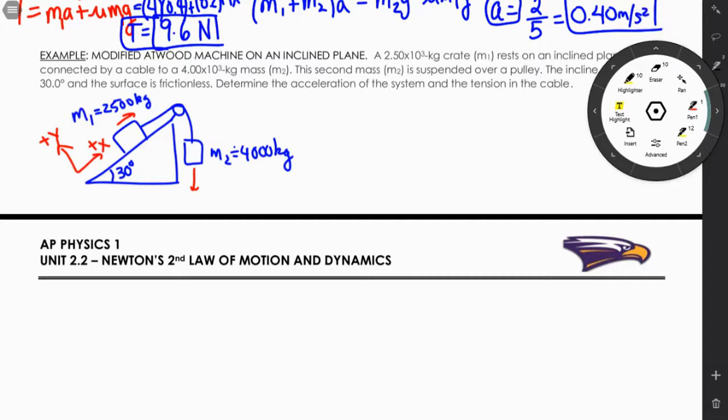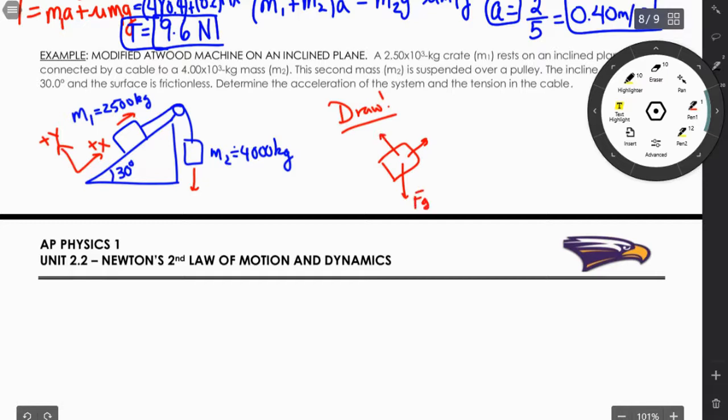Okay, so there's just the physical picture. Here's our draw step. Remember, we have to do the free body diagram for both objects. So we've got weight down, normal force perpendicular to the surface, and then tension going up the incline.